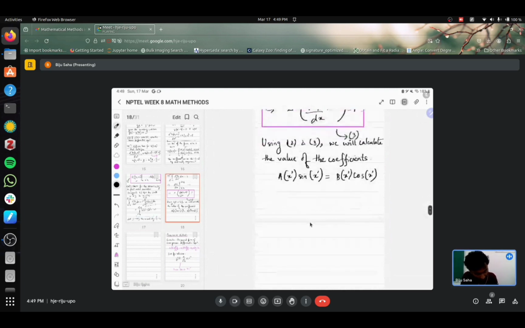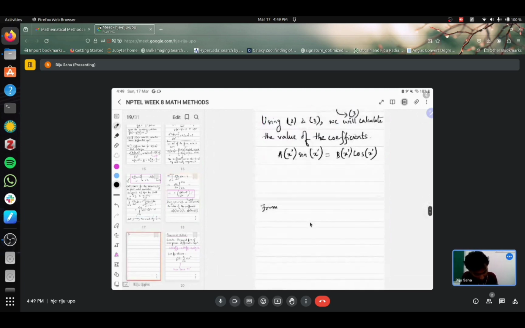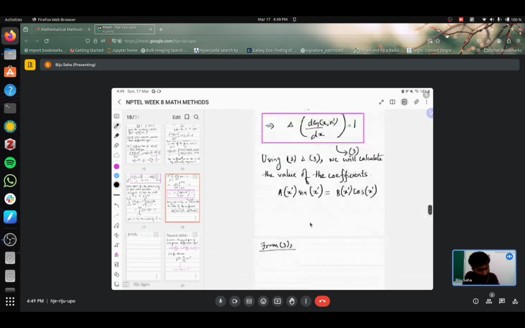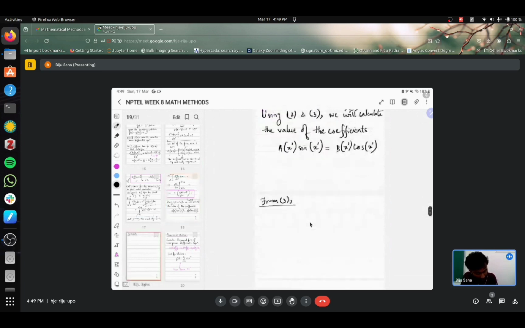And from the third I have, taking the first order derivative, first for the upper limit, that is b x prime sine x prime. I have taken the first order derivative here, and next is the lower limit, this particular thing.